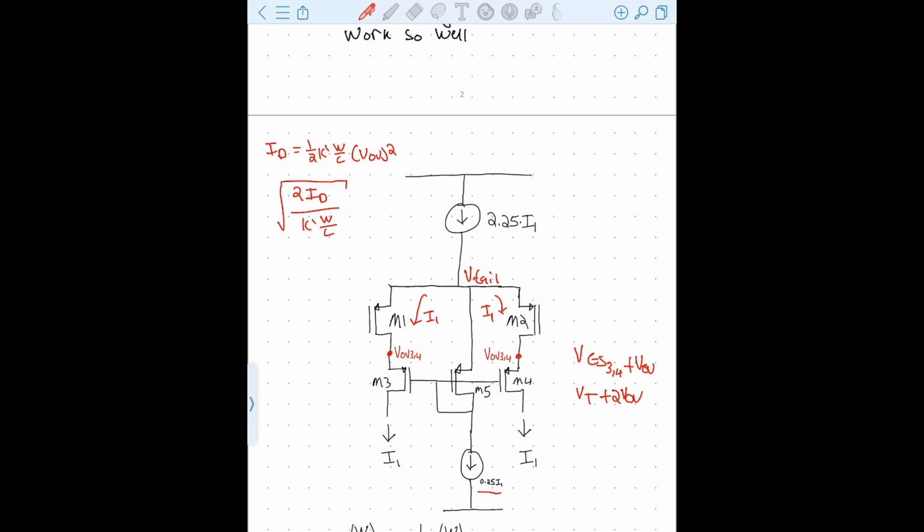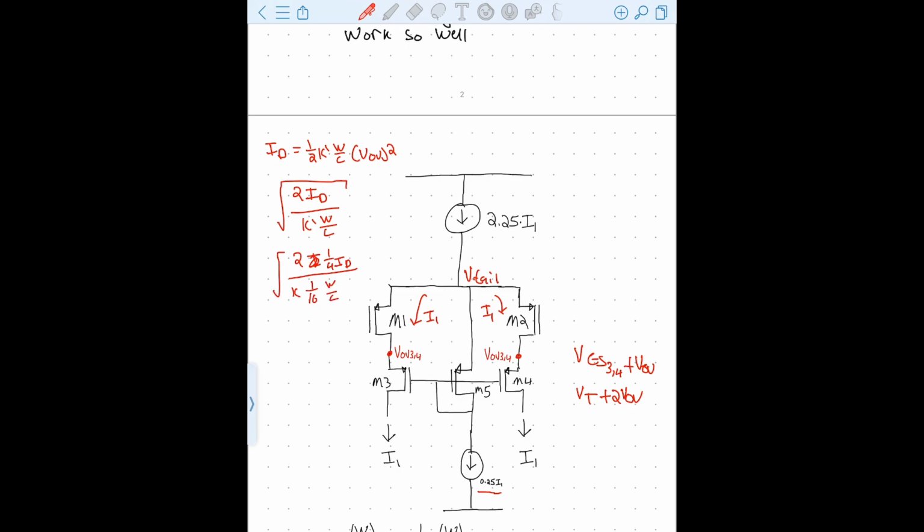So we get back to where we need to be in terms of the bias potential. And what that means is if we have M5 set to be 1/16 the aspect ratio of M3 and M4, then what this works out to be is the square root of 2 times 1/4 ID over K prime times 1/16 W over L, right?